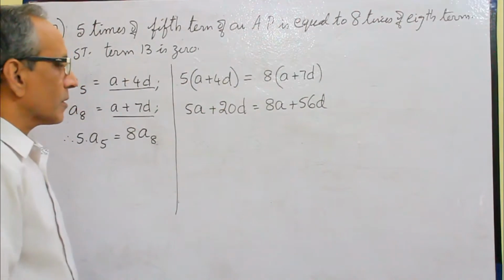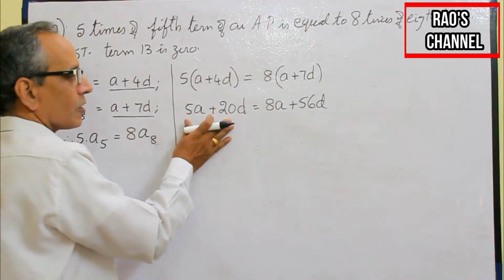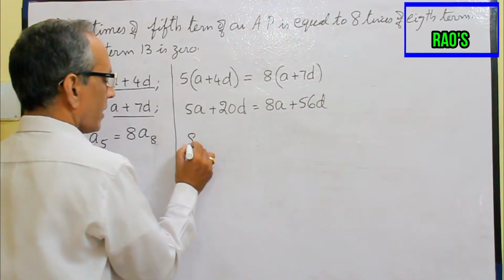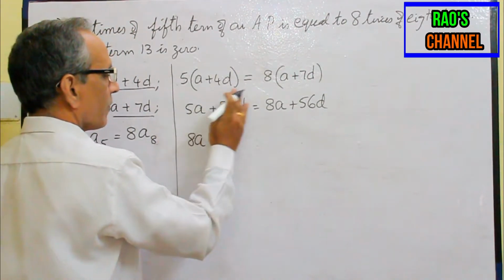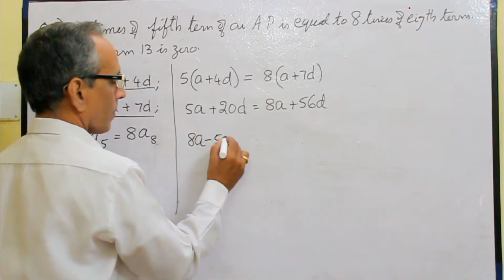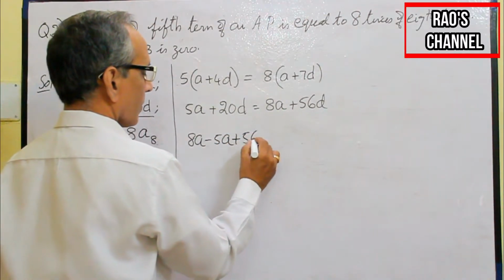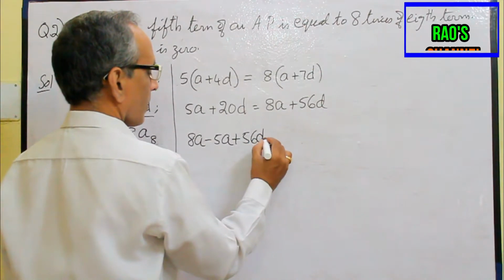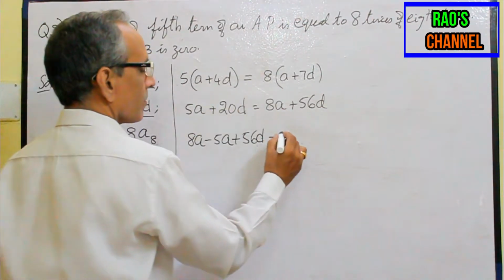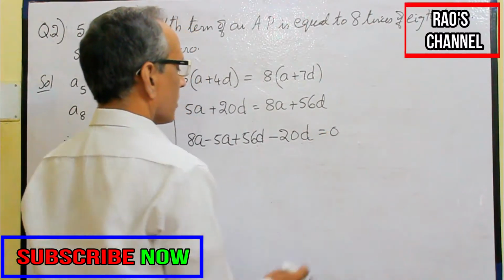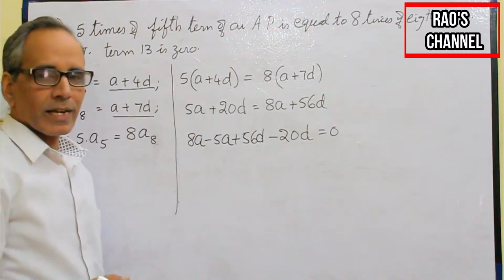If I transpose everything from the LHS to the RHS, I get 8a minus 5a plus 56d minus 20d is equal to 0, because I transposed everything which is on the LHS to the RHS.